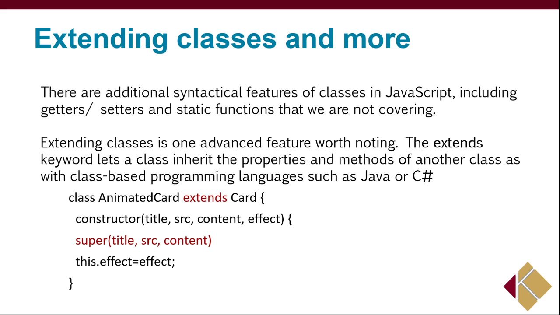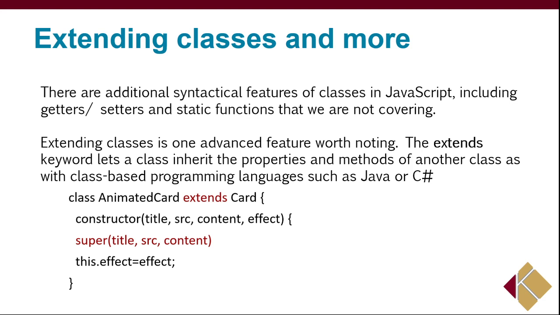So this is what I was talking about. And you see this a lot in like C# or Java. So basically this is creating a new class called animated card that extends our old class of card. And our constructors here have the title, source, and content from the old one, but also an effect one, right? So that fourth one is new.